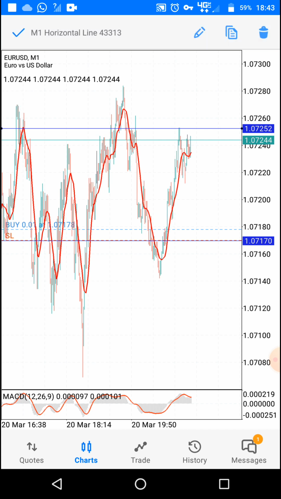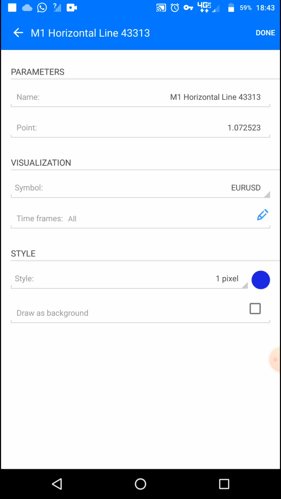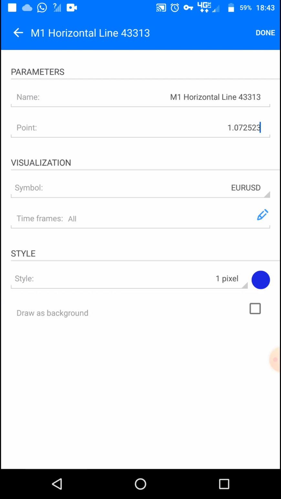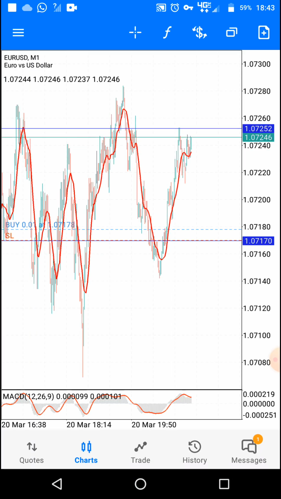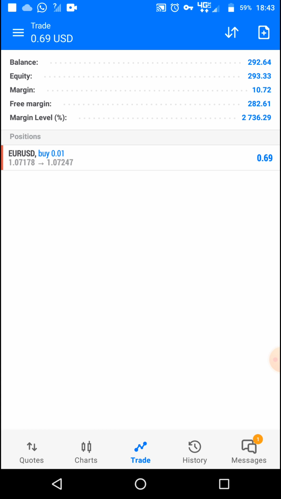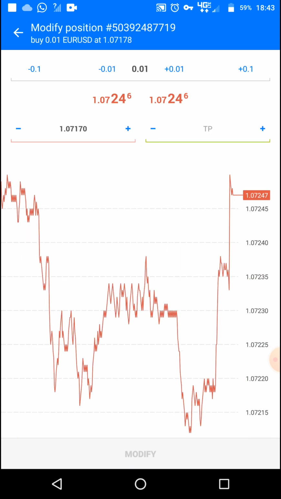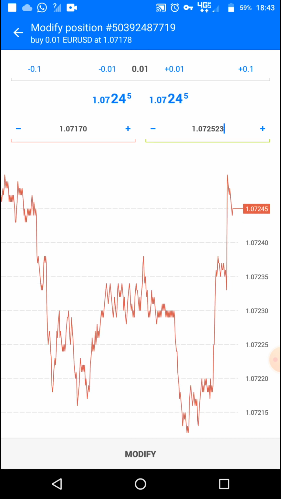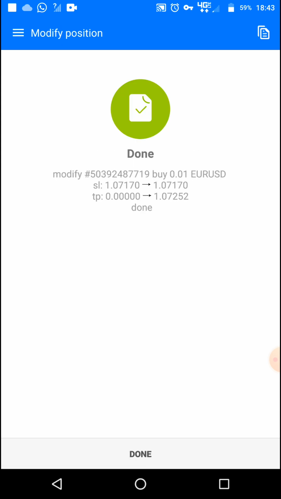You click and hold on it, then you click the pen symbol and copy this particular number, because that will be your take profit. Now you go back to trade, slide this to your left, click on the pen, and paste it at TP. That's your take profit. Then you click on modify.